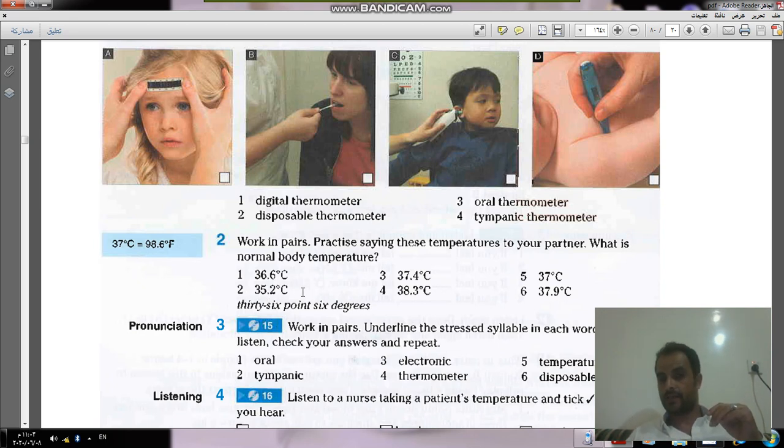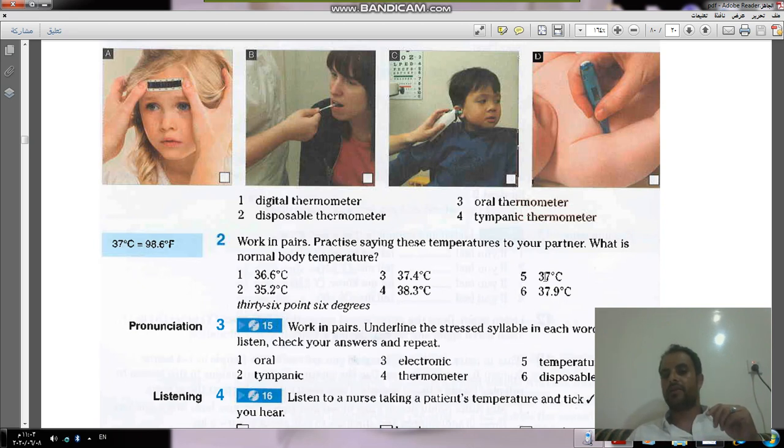35.2 degrees. Good. Number 3, 37.4 degrees. Very nice. So number 4, 38.3 degrees. Again, try to practice this. It is very important when you listen.